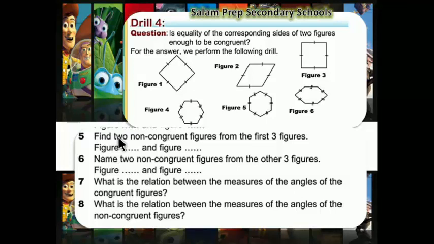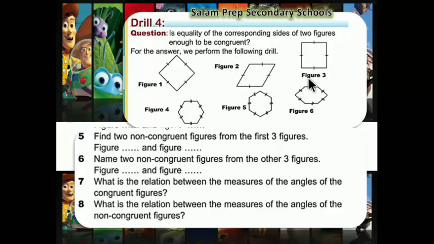Find two non-congruent figures. Non-congruent figures from the first three figures. The first three figures are figure 1, figure 2, figure 3.